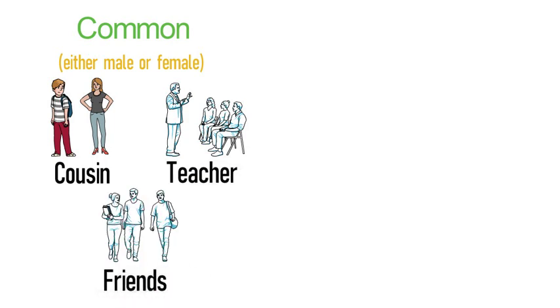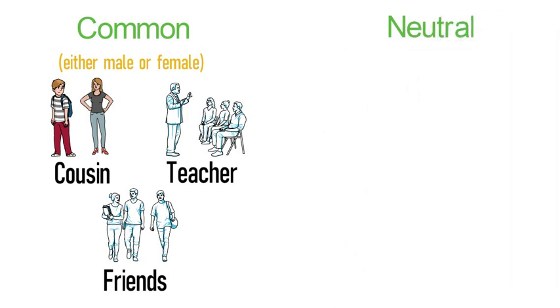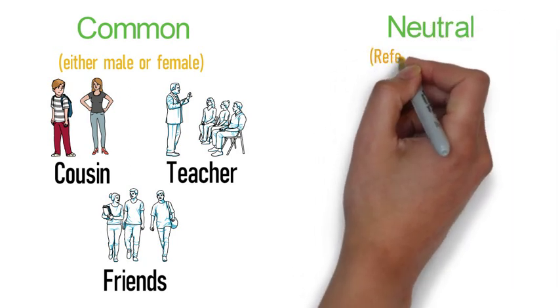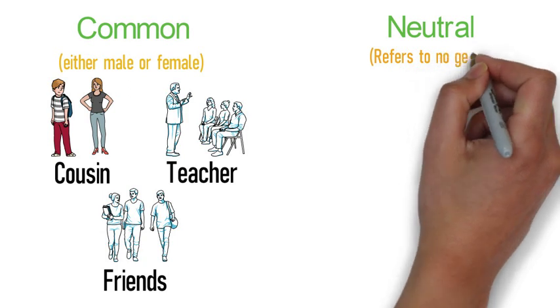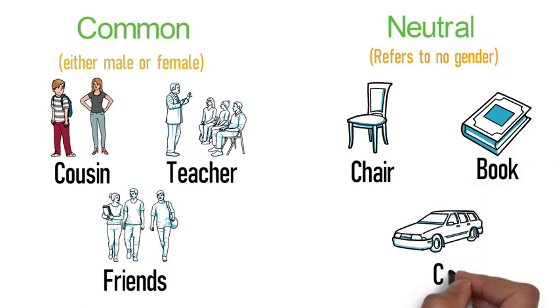All these nouns could be male or female, so they are overall called under a common gender. Neutral gender. Neutral has no gender at all. For example, chair, book, car. All these are neutral gender and we use it for these.